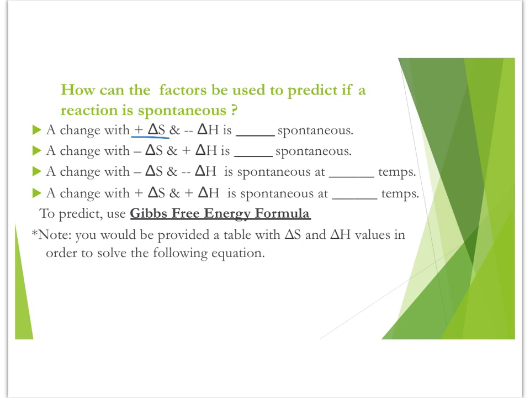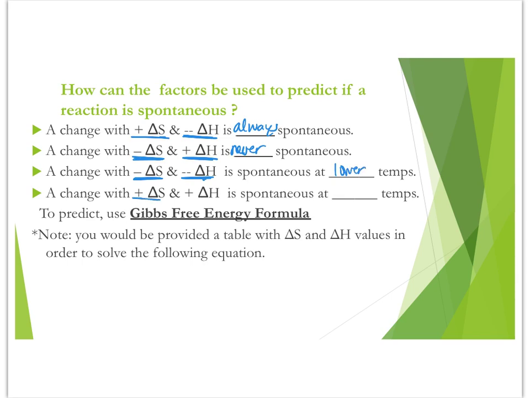If I have an increase in disorder and a release of energy, that is always going to be spontaneous. If I have a decrease in disorder, so an increase in order, and I absorb energy, endothermic, that would never be spontaneous. It could happen, but it would take a lot of activation energy to get it going. If I have an increase in order but a release of energy, those two things are conflicting, and it would be spontaneous at lower temperatures.